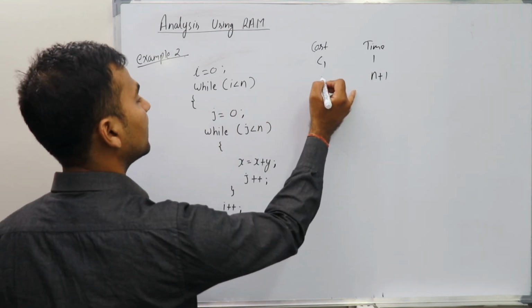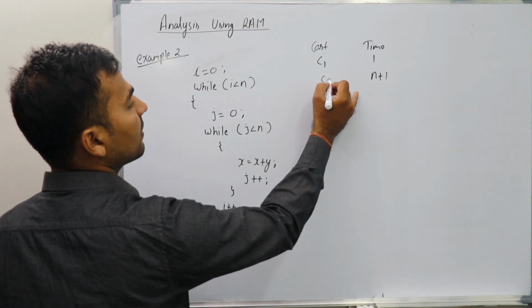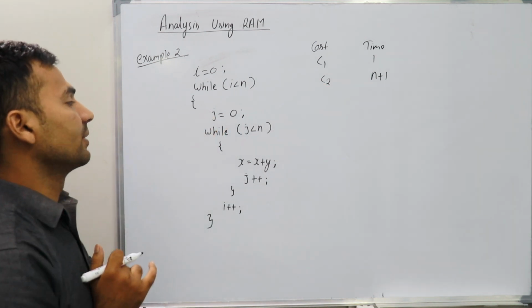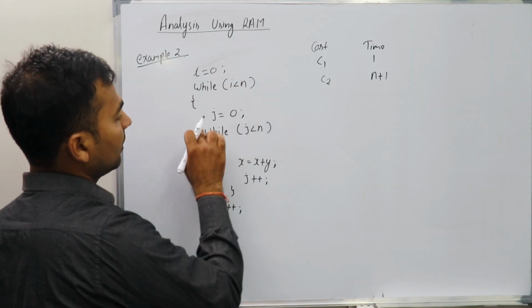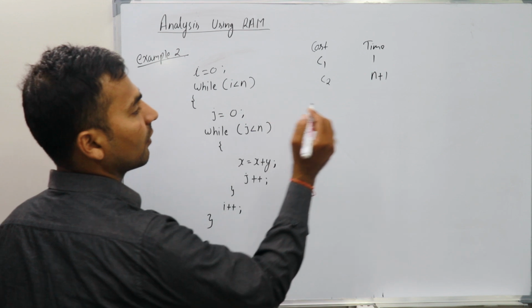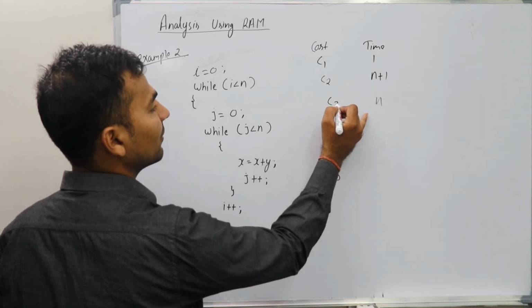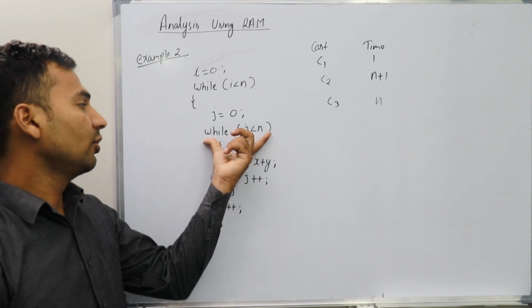And what is the cost it takes? It takes a constant cost, that is C2. Now how many times does this primitive operation execute? Here it is inside this while loop, therefore it executes for n times, and it takes some constant time, let's say C3. Now how many times does this while loop execute?